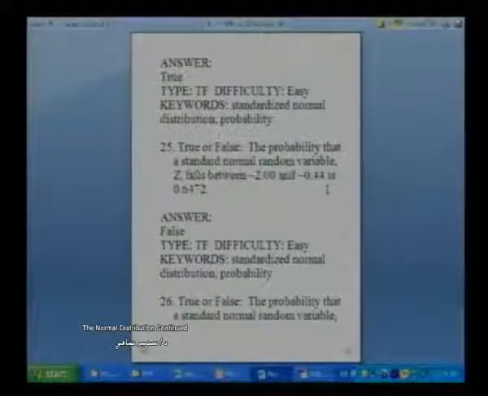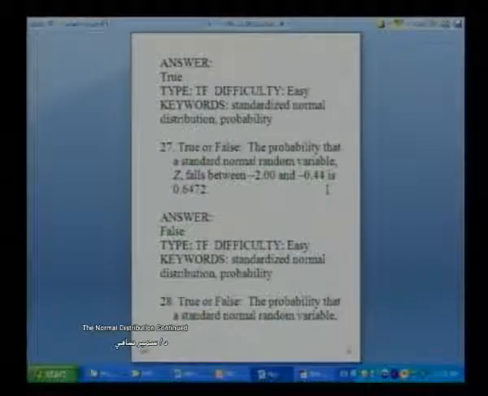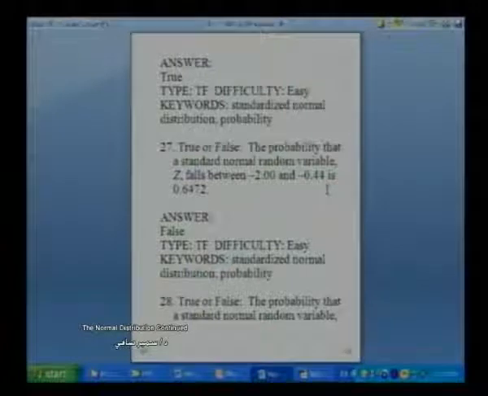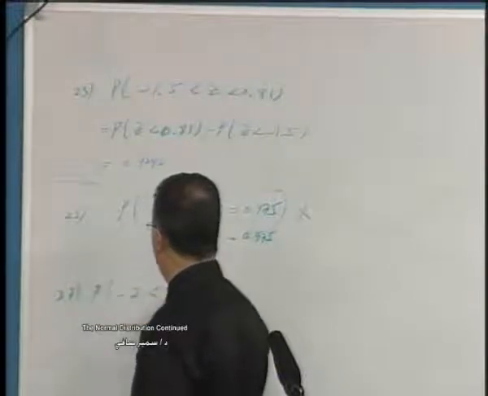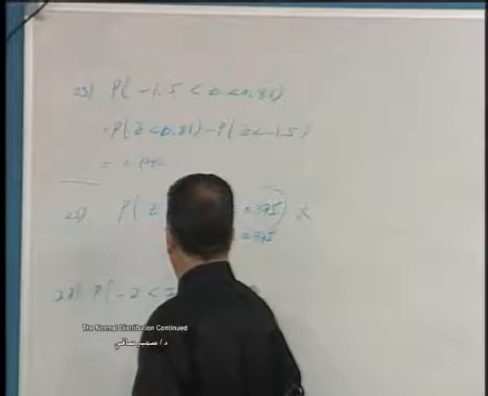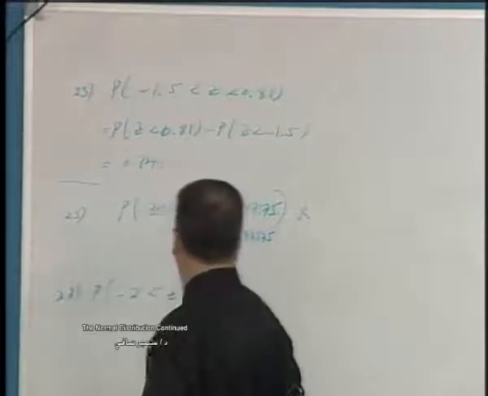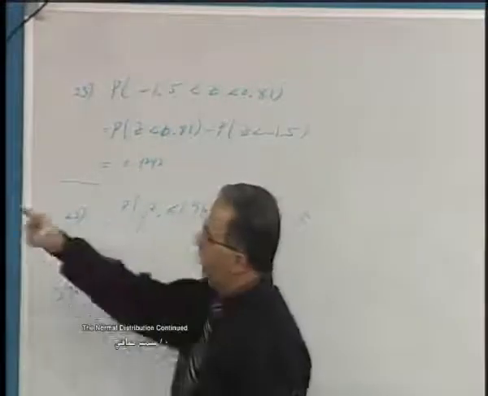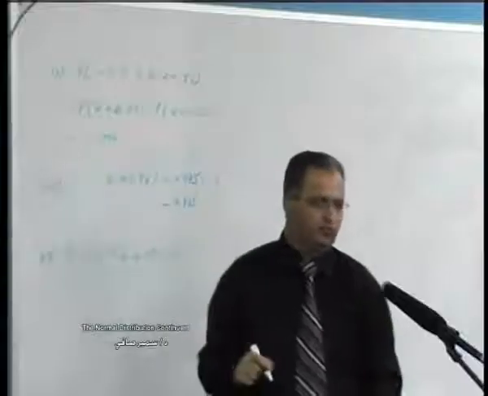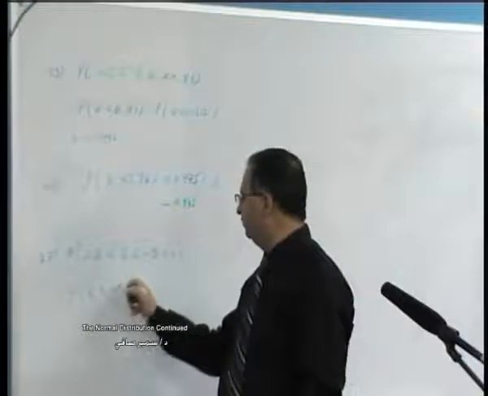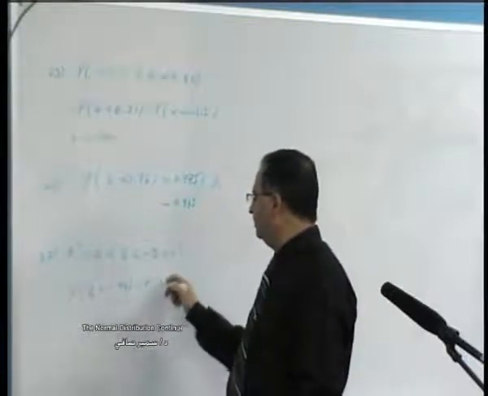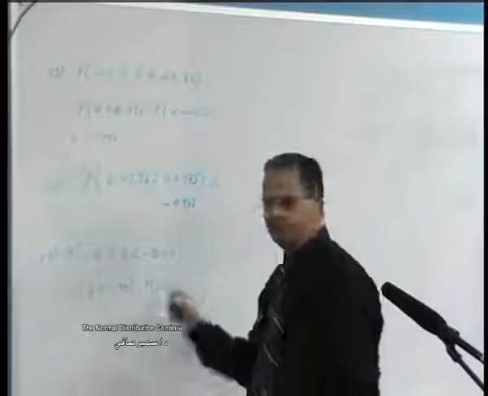Let's do the odd numbers. The probability that standard normal random variable falls between minus 2 and negative 0.44. So this is the same as Z smaller than negative 0.44 minus Z less than minus 2.